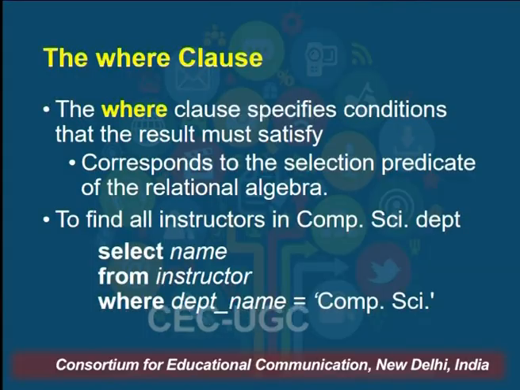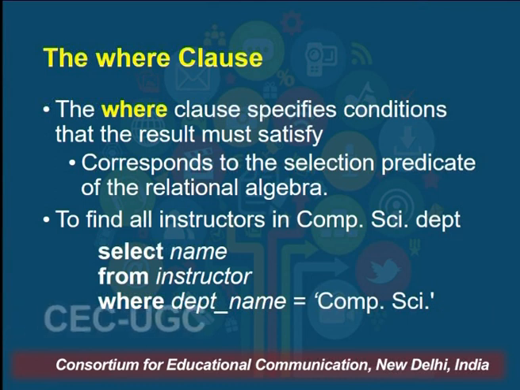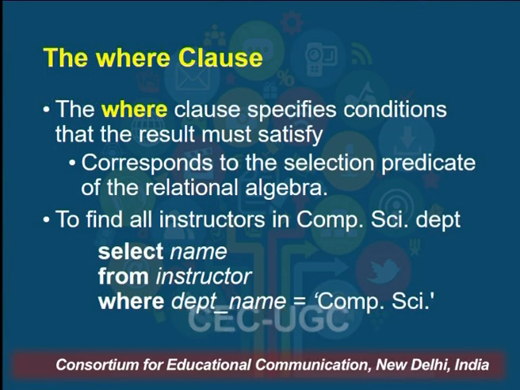And to find all the instructors in a computer science department from that particular table of instructor, we will be writing select name from instructor where department name is equals to computer science. What does this essentially mean? We are looking for only the names of all those instructors who belong to computer science department.